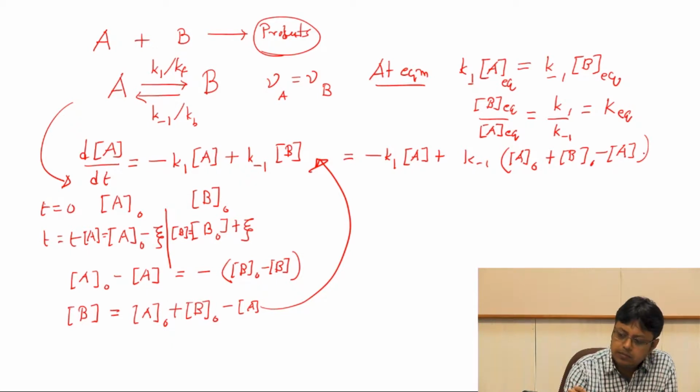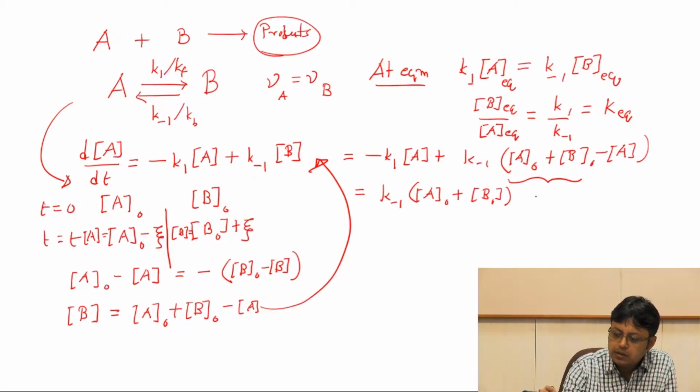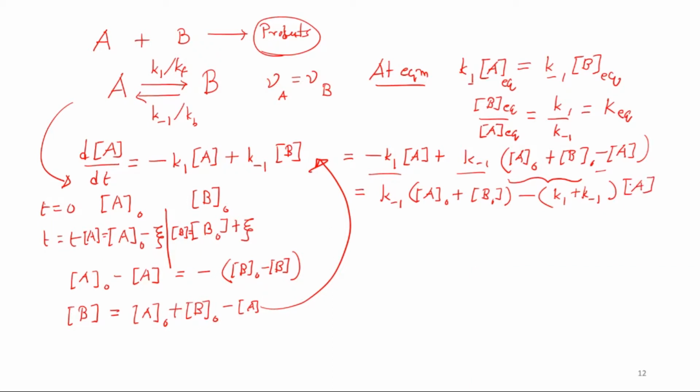I could rearrange it. So we'll have something like K minus 1 into A0 plus B0, writing the constant terms first, and then the A dependent term, which is minus K1, and here I have plus K minus 1, but there is a minus also, so it will be minus K1 plus K minus 1 into A. So that is the expression for dA/dt.